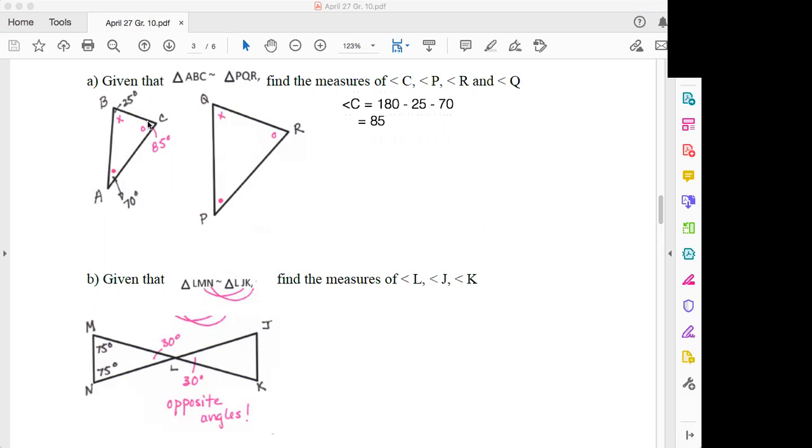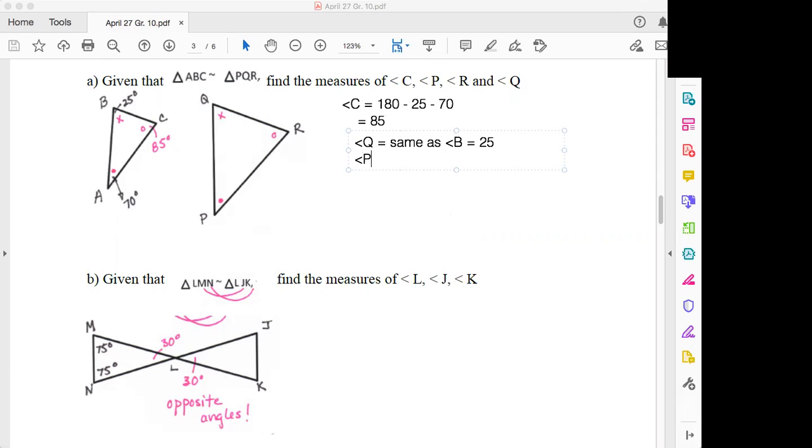Now we have to name all of the angles for this guy. So because they are the same type of triangle, they have the same angles. Okay, so angle Q is going to be the same as our angle B here. So these guys are the same. Okay, so same as angle B, which is equal to 25.